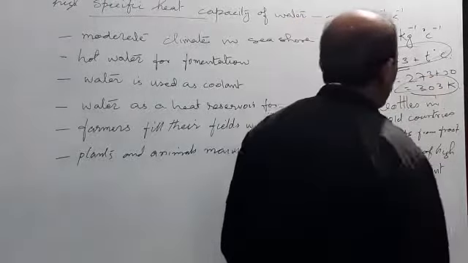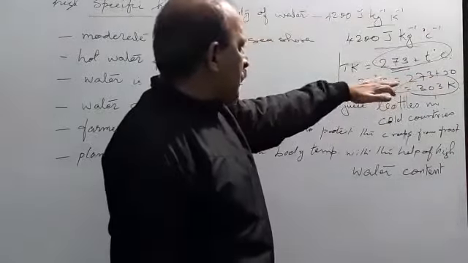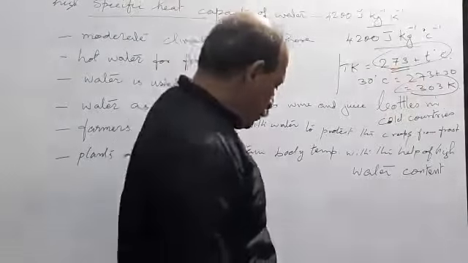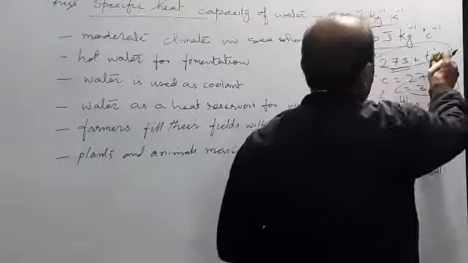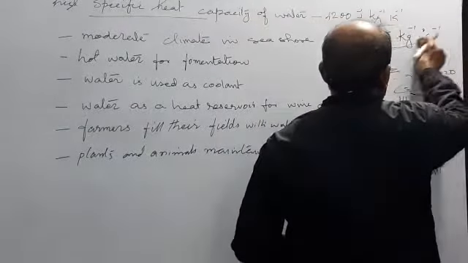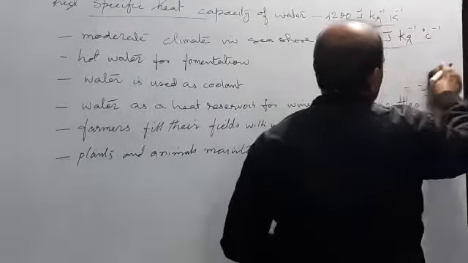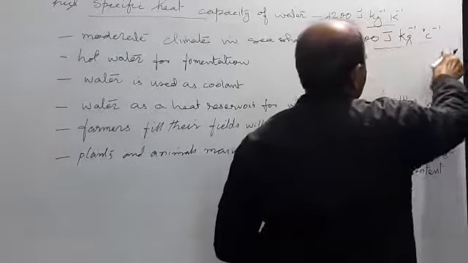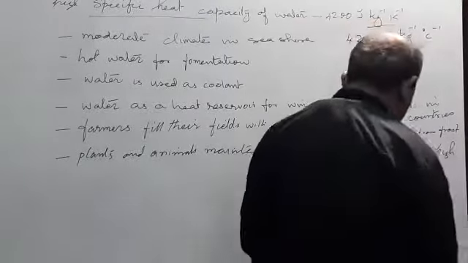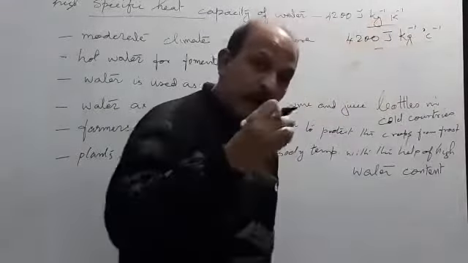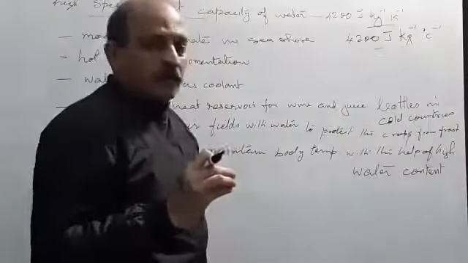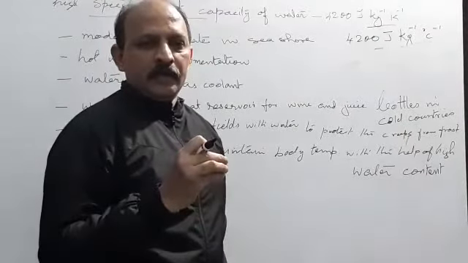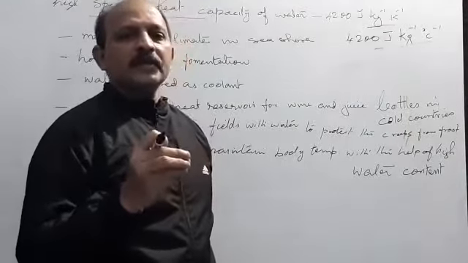Just by adding 273 to the measurement taken in Celsius scale, we will get the temperature on Kelvin scale, and just by subtracting 273 from the measurement on Kelvin scale, we will get the temperature on Celsius scale.